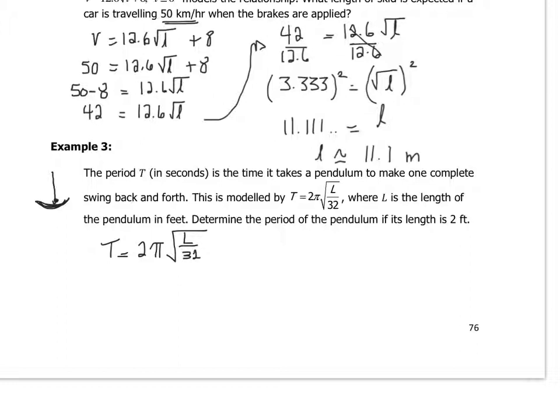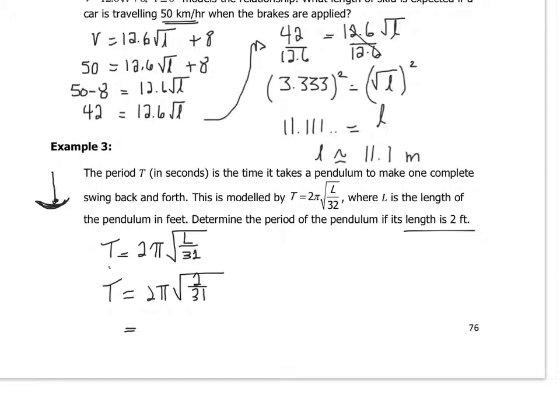They're asking you to determine the period, so you want to find T this time when L is 2. This time we don't have a variable under the radical sign, we just have a value under the radical sign, so we can go straight to our calculator now and work out what T is.